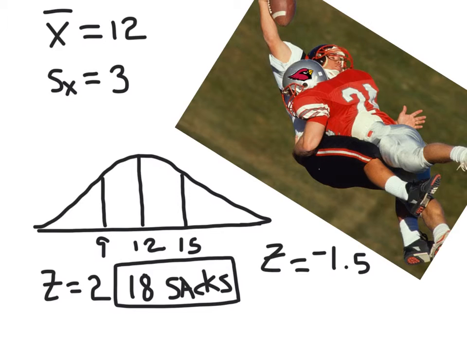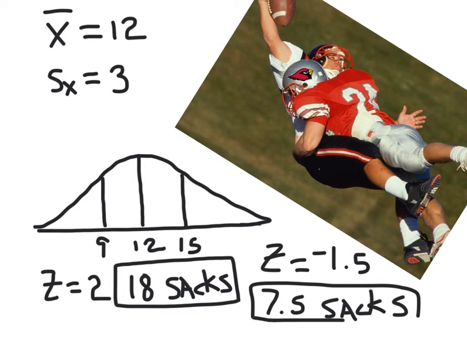Whoops, I did it again. Here we go, 7.5 sacks. So all we're trying to do is say, if the z-score is negative 1.5, where is that on this graph? 1.5 times 3, subtract that from 12, and that's how you get that number.